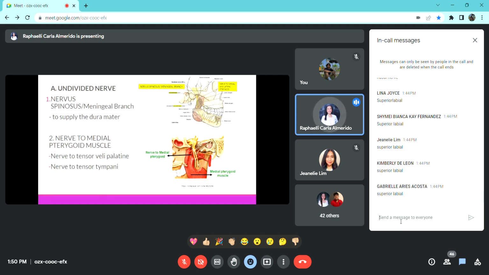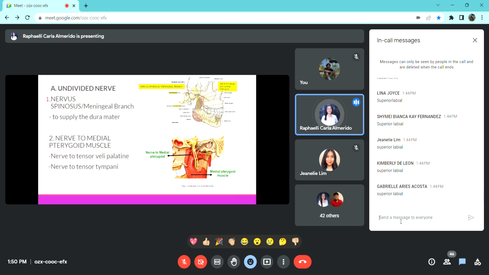Okay, so when we study the mandibular nerve, we have the undivided nerve and the divided nerve. For the undivided nerve, we have the nervus spinosus or the meningeal branch that supplies the dura mater.